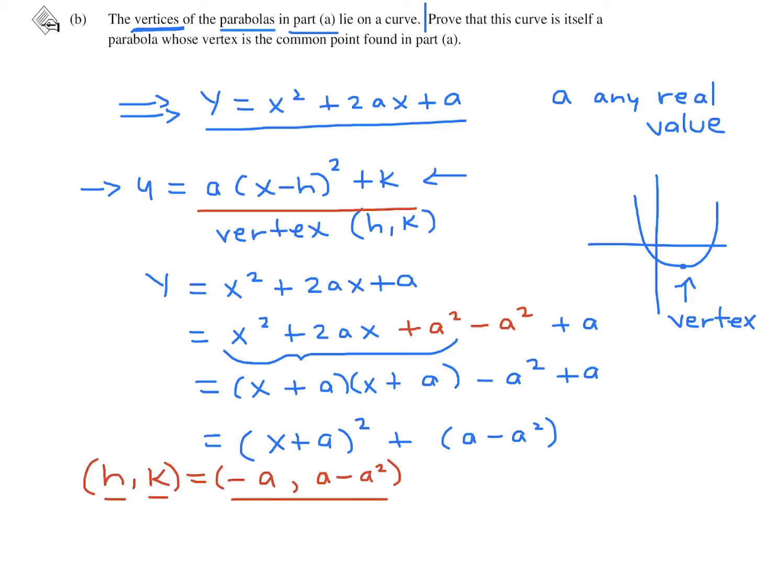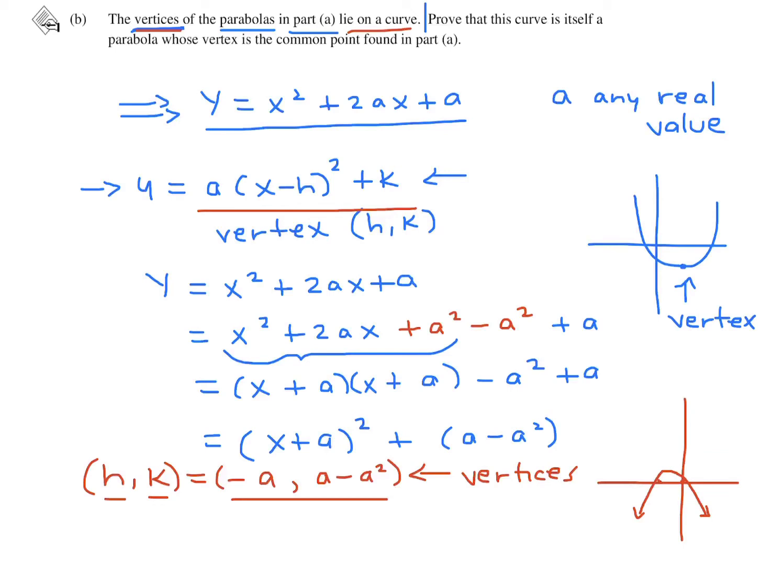They're saying, now let's go back to the sentence, the vertices of the parabola, which are all of this form, the vertices lie on a curve. So if you start plugging in values for a, it will eventually lead to some sort of curve. So if I put a equals 1, it'll be -1 and 0, right? So it'll be here. And if I keep going like that, a is 0, it'll be like this, and it'll keep going, and eventually all the values of a will produce a curve.